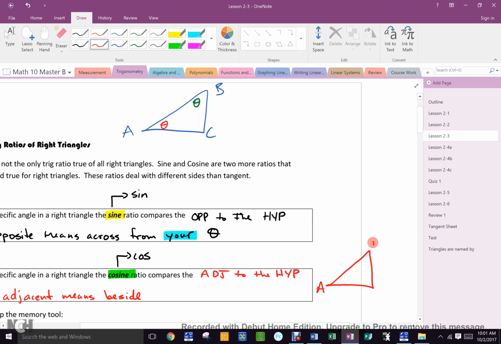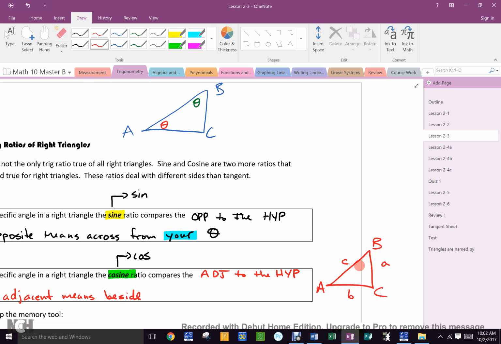A, B. So what letter would I write right here if I was labeling this triangle correctly? Little a. And what letter would I put right here? Little b. And what letter would I put right there? Little c. So we can all easily recognize the opposite because it's across the triangle, right?